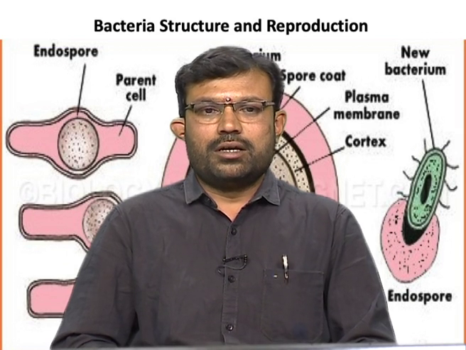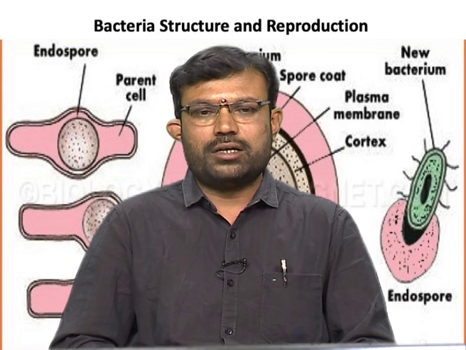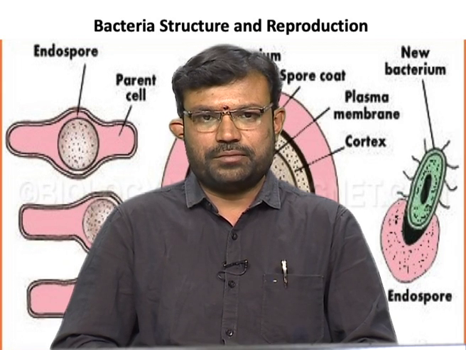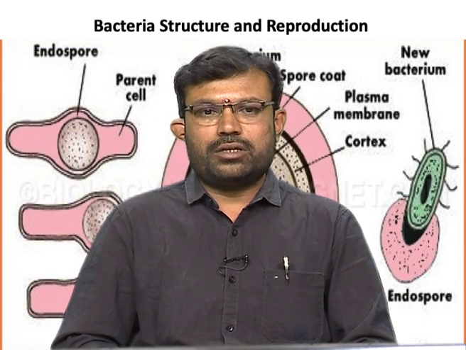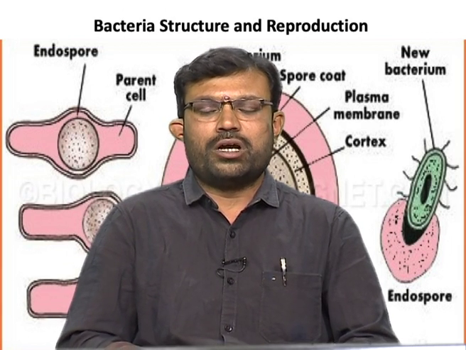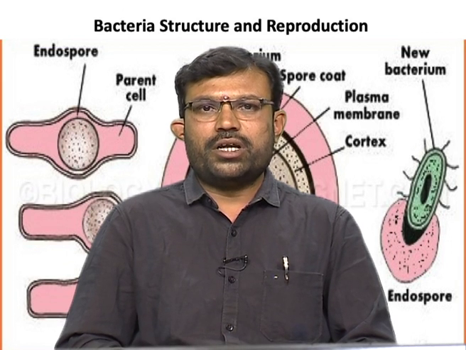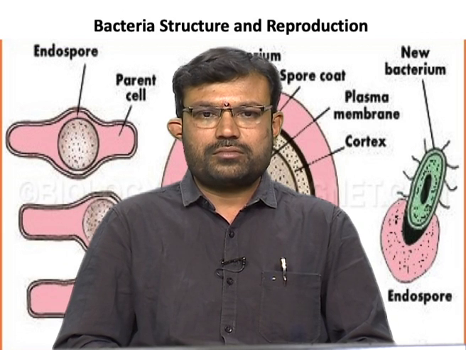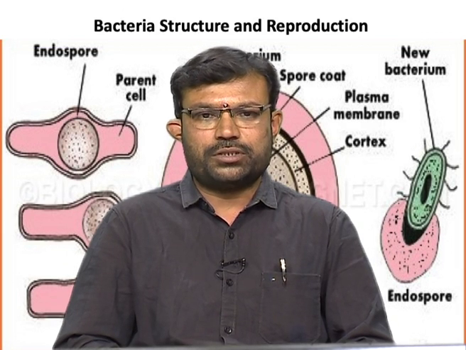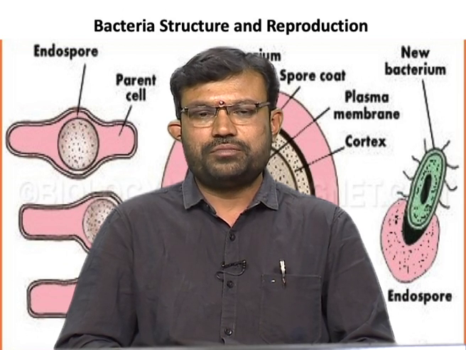So it means the entire bacterial cell wall is made up of two components, one is teichoic acid and the second one muramic acid. In gram positive bacteria, teichoic acid and muramic acid both are present, while in gram negative bacteria, teichoic acid is absent. So it means the presence and absence of teichoic acid decides gram positive and gram negative.